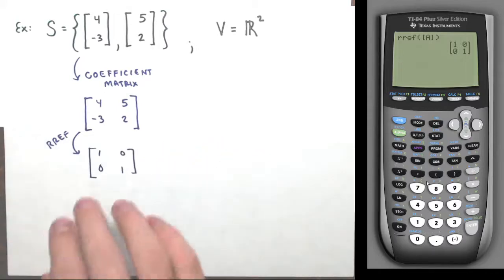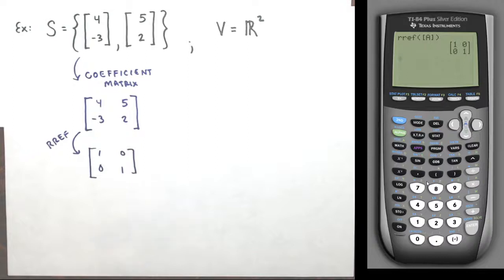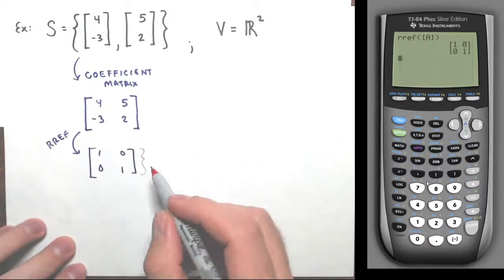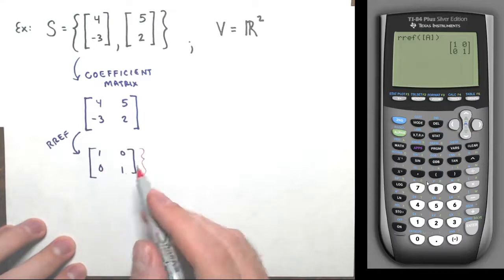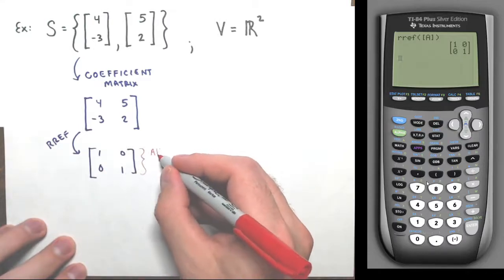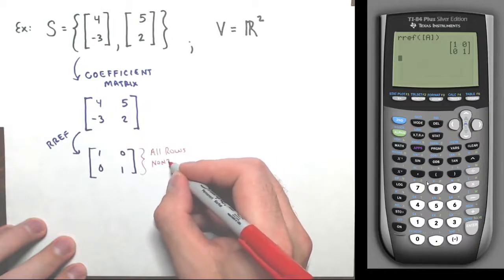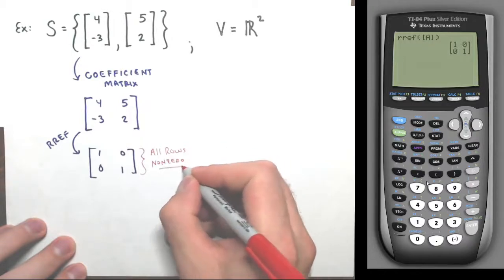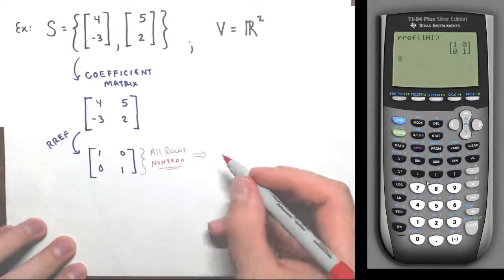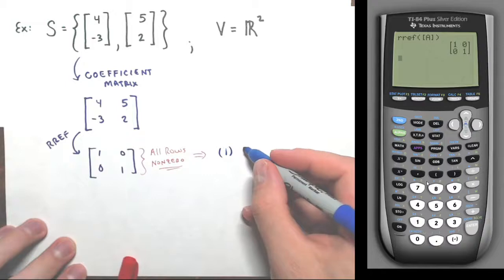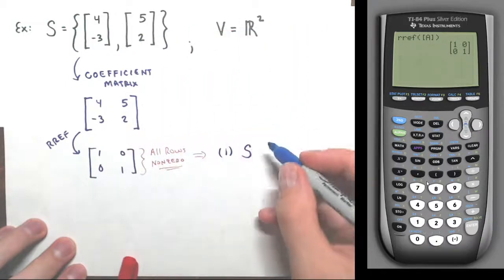All right, so again, I look at the coefficient matrix in reduced row echelon form and do very simple checks. One is I notice when I look at the rows, all the rows are nonzero, and there's no row made up entirely of zeros. So that tells me that, one, this set of vectors spans R2.